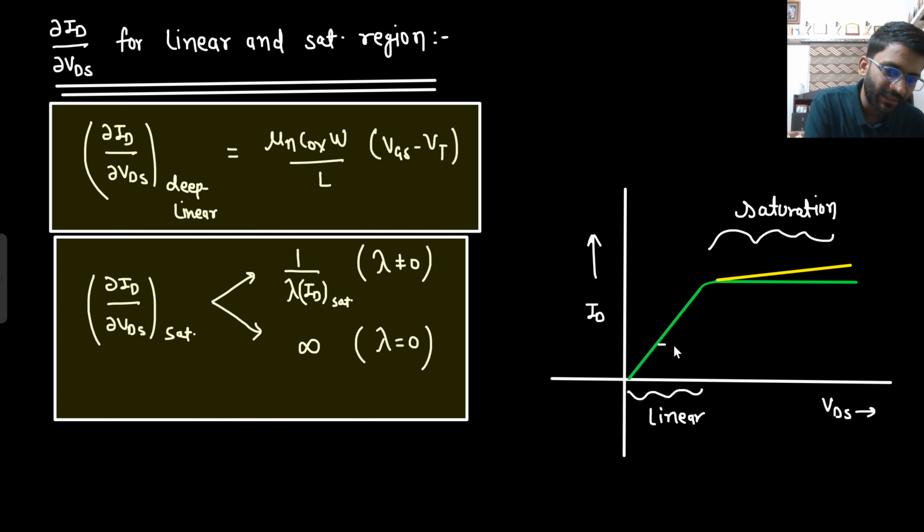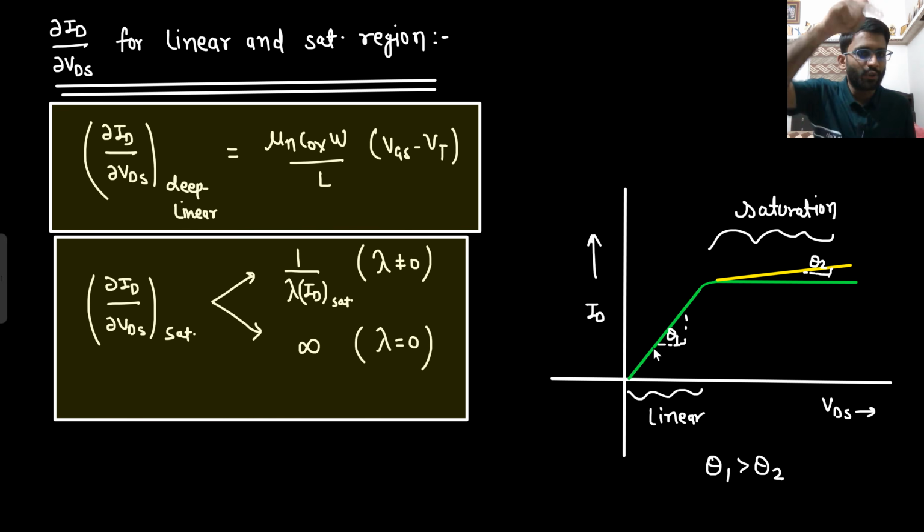Here you can directly see that this is the slope. Let's call this slope theta 1 and this slope theta 2. Here you can directly see that theta 1 is larger than theta 2. That means in linear region the slope is larger, and in saturation region the slope is less. That means the output resistance is high.